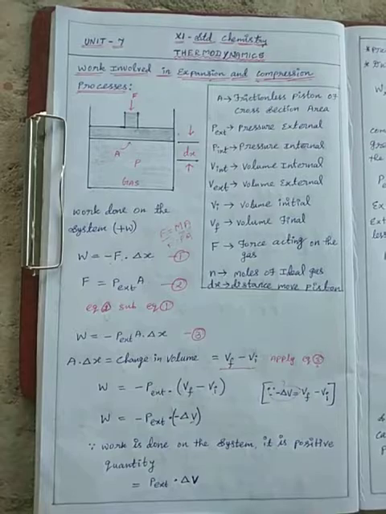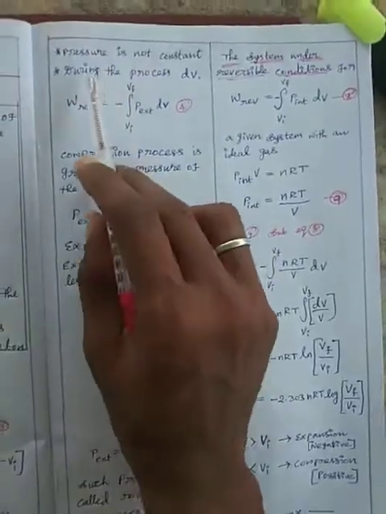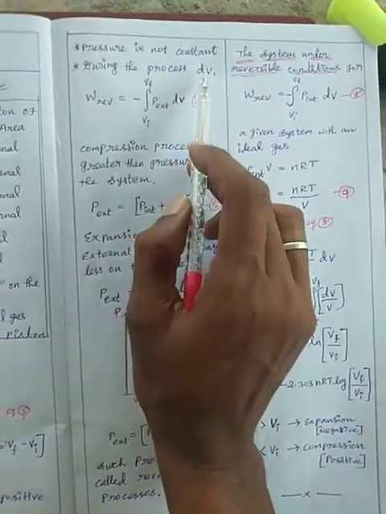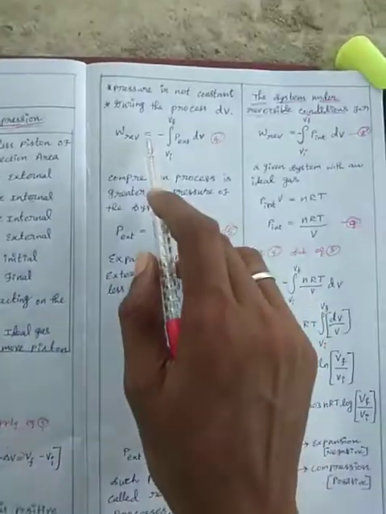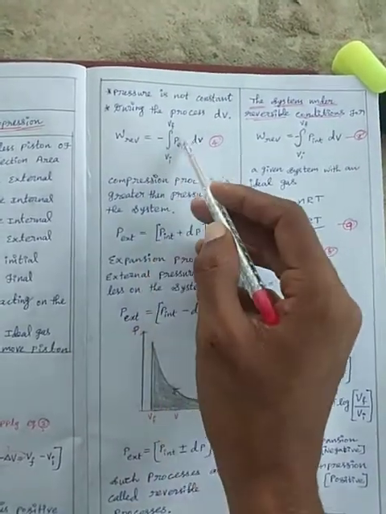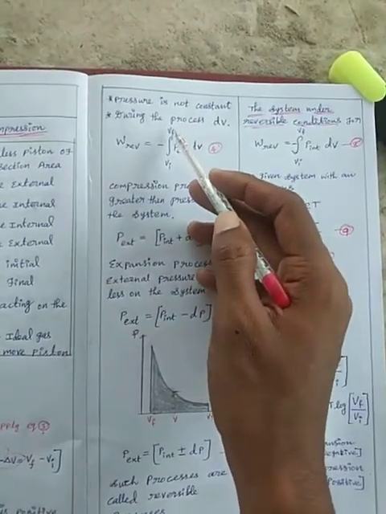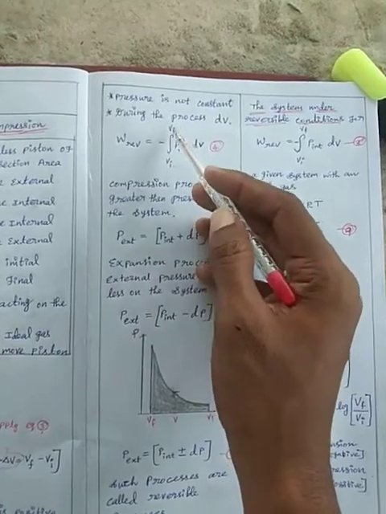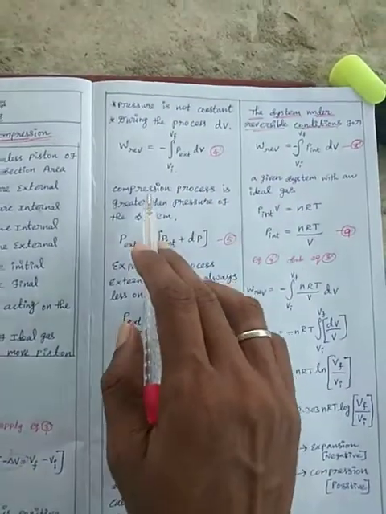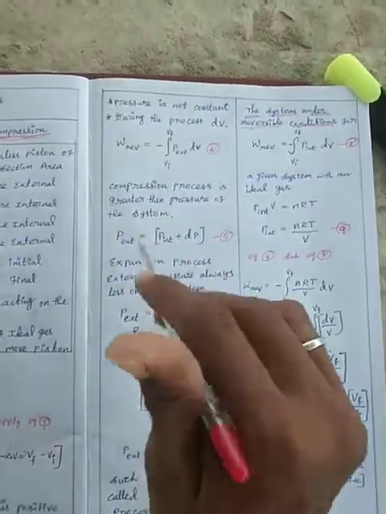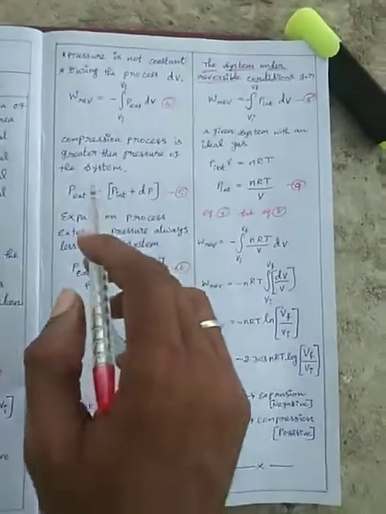The pressure is not constant, so the variation of pressure is involved, and the process is differential. The work is then given by the integral: W equals minus the integral from volume initial (lower limit) to volume final (upper limit) of P external dV. First, the external pressure function has to be calculated, which means the force acting externally.